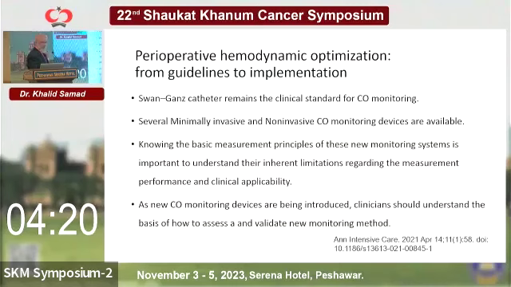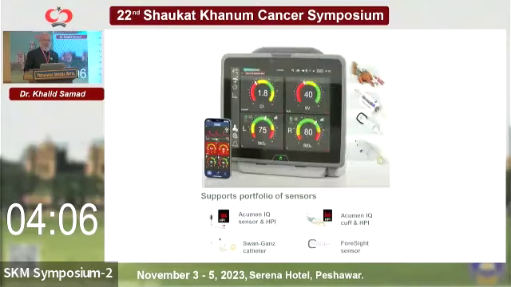So what we are looking for is a device which helps us monitor the cardiac output, and all the monitoring options should be available on the same device. Recently, Edwards has launched this HemoSphere, in which you have the sensor to monitor cerebral pulse oximetry.